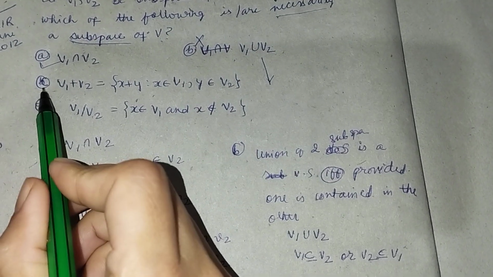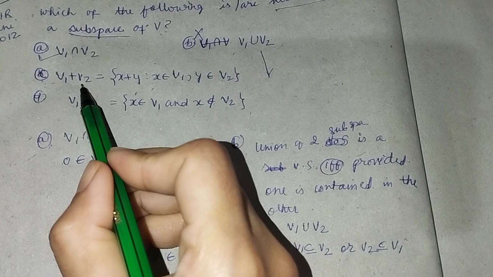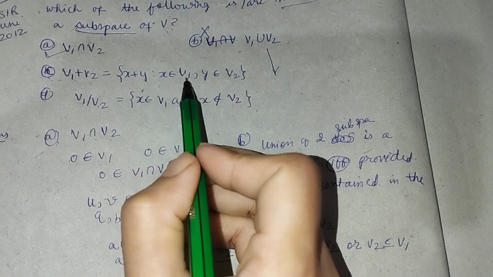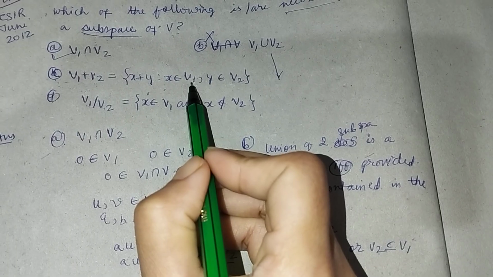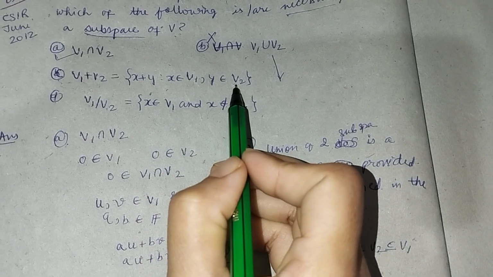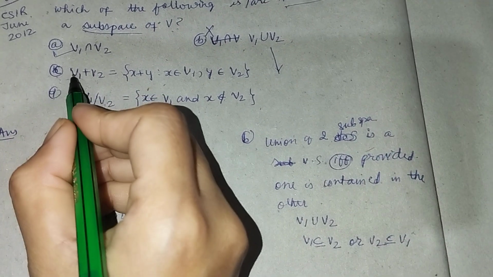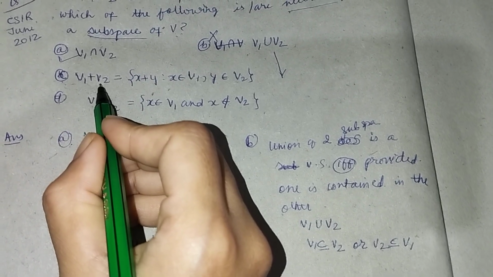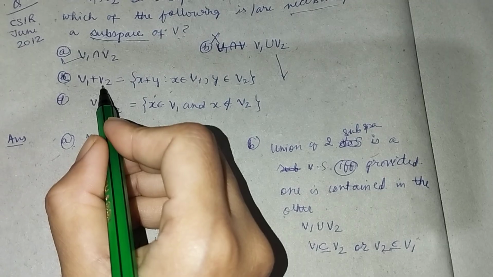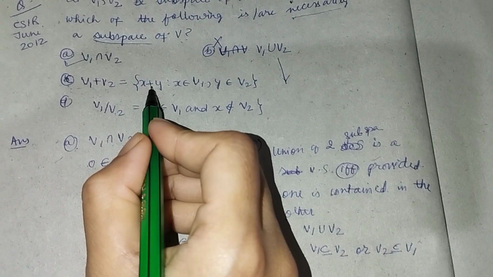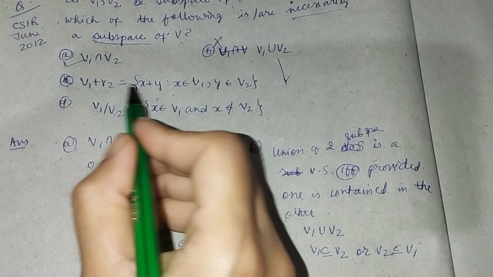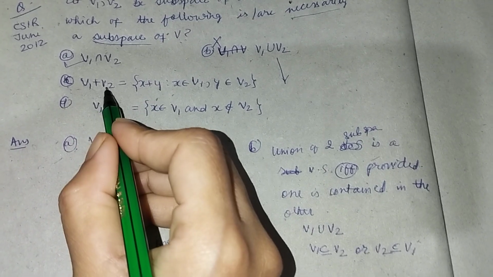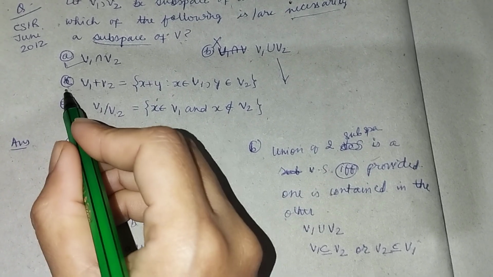Option C, V1 sum with V2, is given by x plus y, where x belongs to the first subspace and y belongs to the second subspace, which is the general definition of the sum of two vector spaces. So this is true.